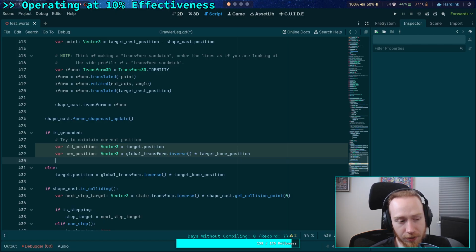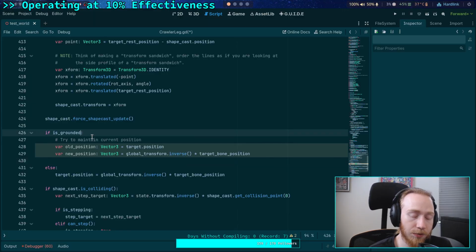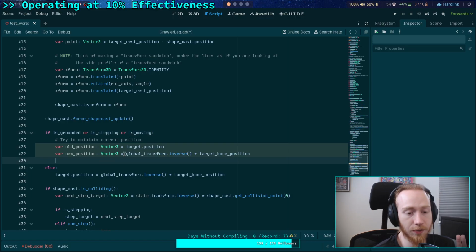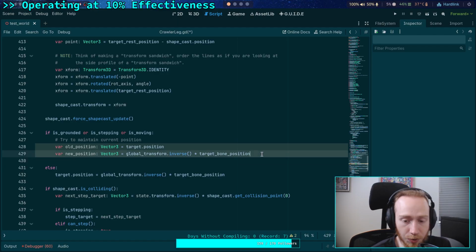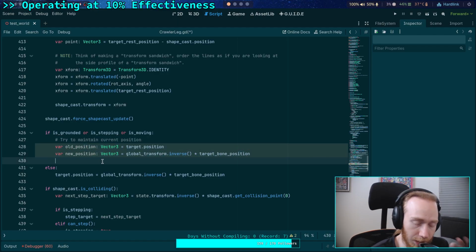And then I also think maybe if we're grounded, we're stepping or we're moving, try to maintain our current position. I think that's what I should do. If I'm trying to fix this and do something with it, then I want to try to keep that position because it's going to change a little bit. So whatever that changes, then I want to.